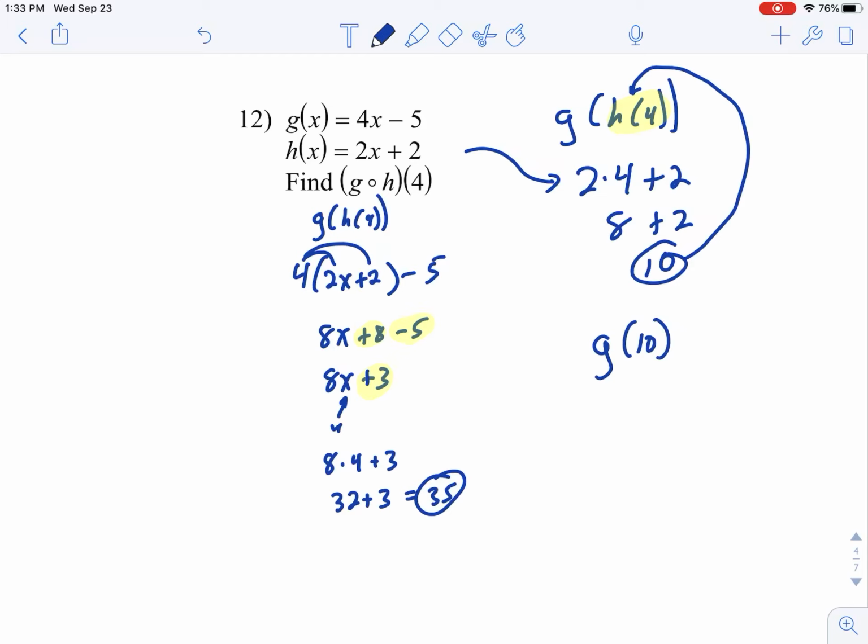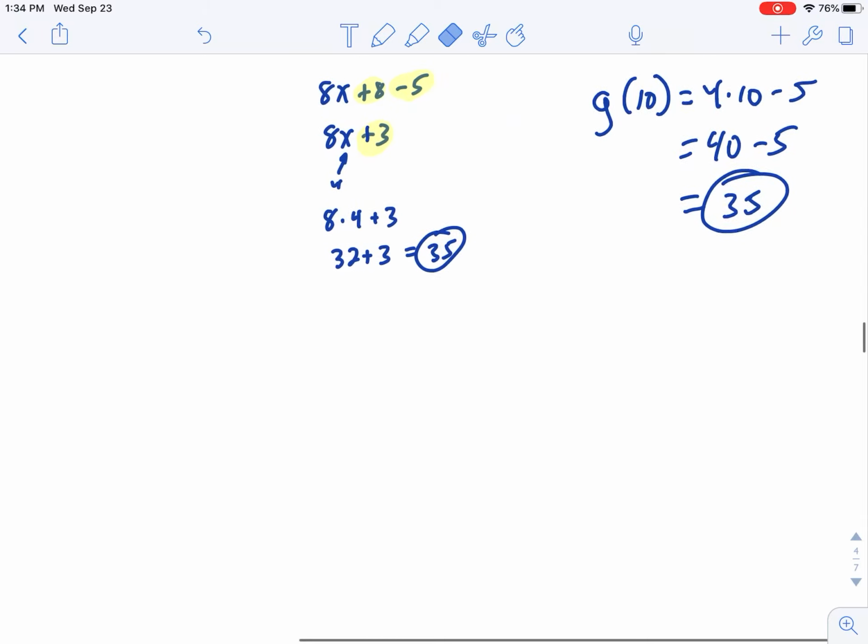G of 10 is 4 times 10 minus 5. That's 40 minus 5, 35. Same answer. So it's like you plug the 4 into the h, get that answer, and then plug that answer into the g. It's kind of like a chain reaction. Do this, take that result, and then do something else with it, and it just kind of builds on itself.